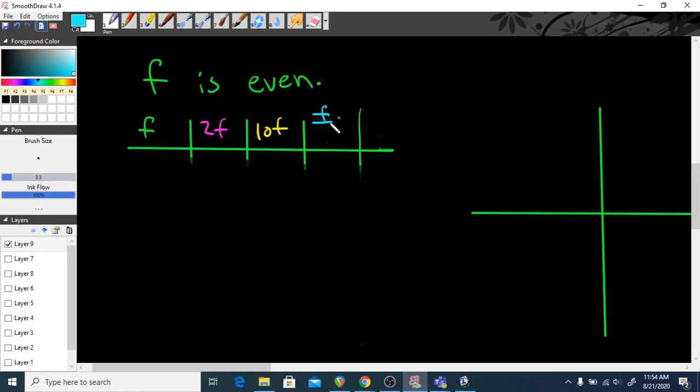Let's do F divided by 3, and then super blue F divided by 10. Okay. All right.